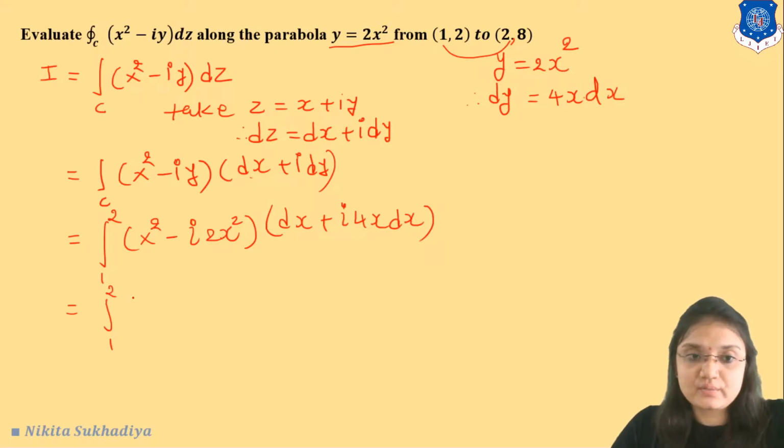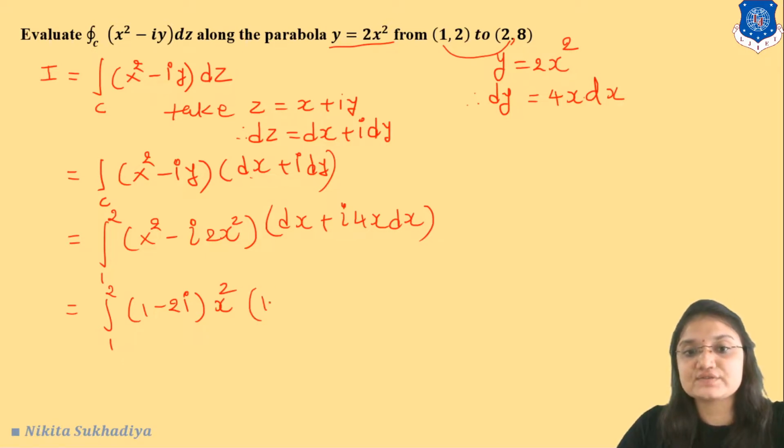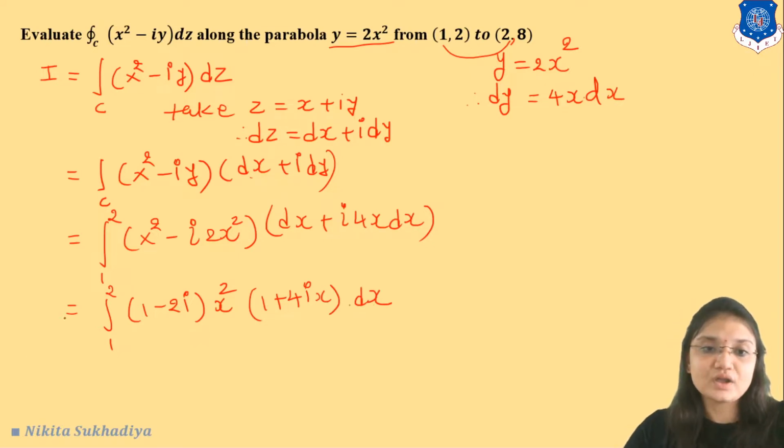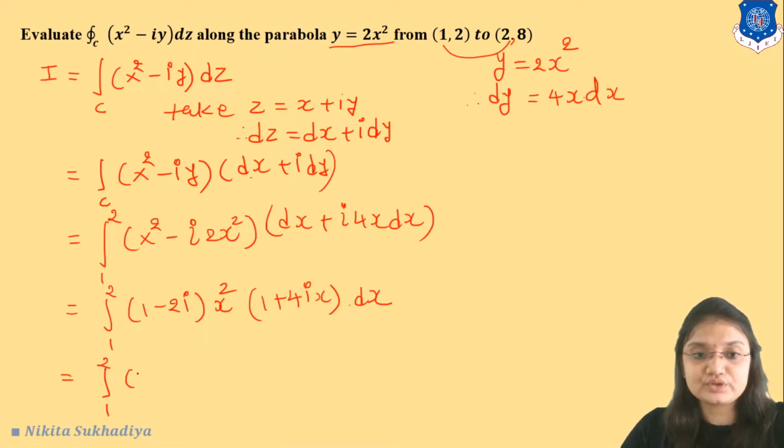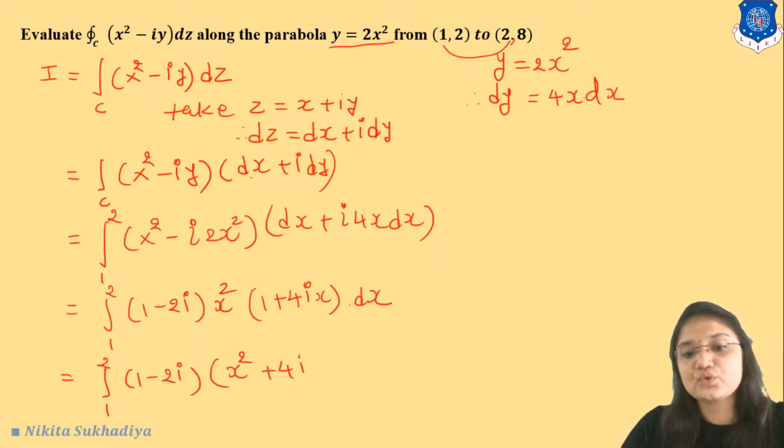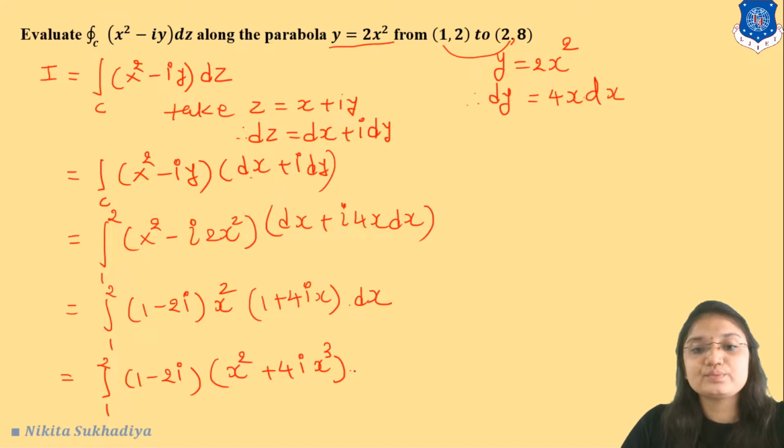By taking x squared common, you will get (1 minus 2i) times x squared, and by taking dx common, this will become (1 plus 4ix) dx. Okay, so now here you have the integral from 1 to 2, this is (1 minus 2i), and by multiplying this you will get x squared plus 4i x cubed into dx.